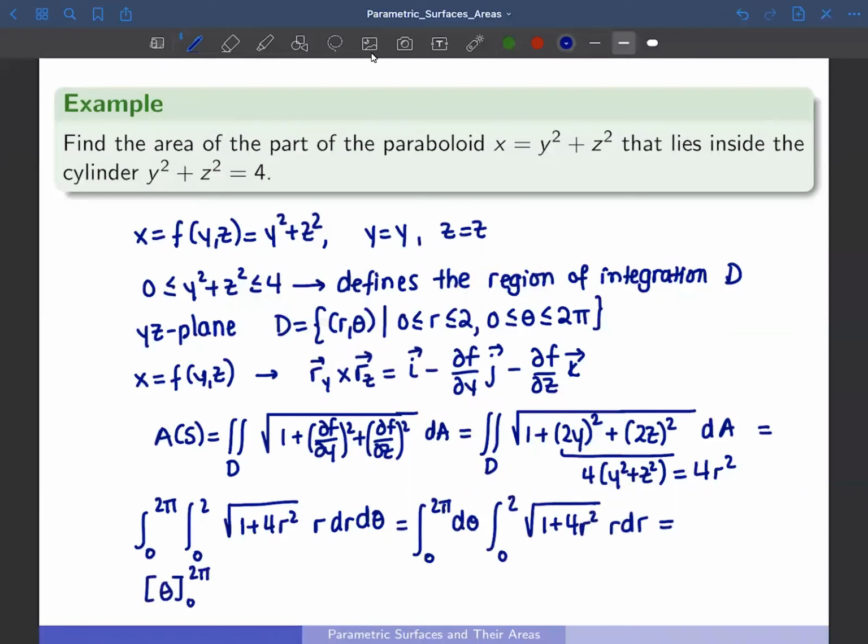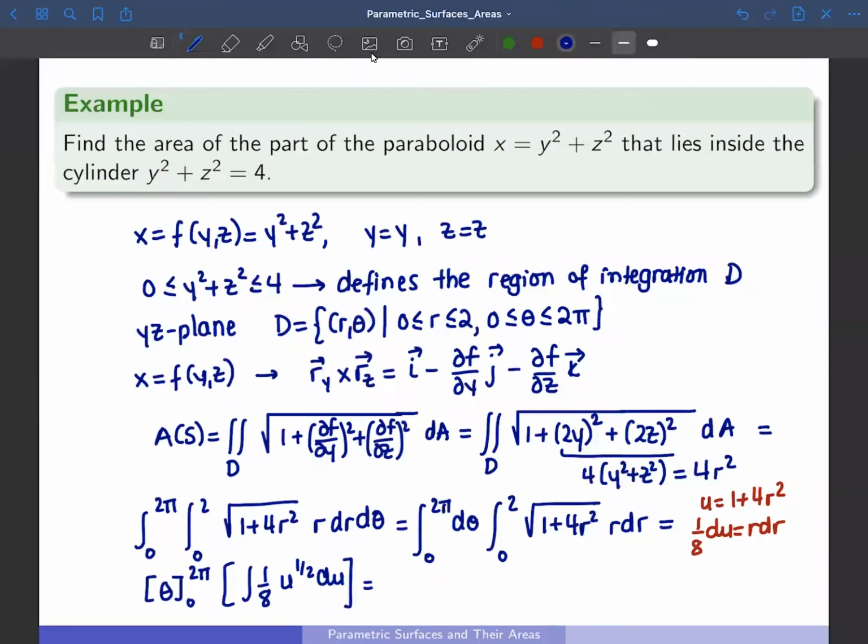And for the integral of the square root of 1 plus 4r squared times r, we need a u substitution. So setting u to be equal to 1 plus 4r squared, we get that 1/8 du is equal to r dr. And therefore we have times the integral of 1/8 u to the 1/2 times du.